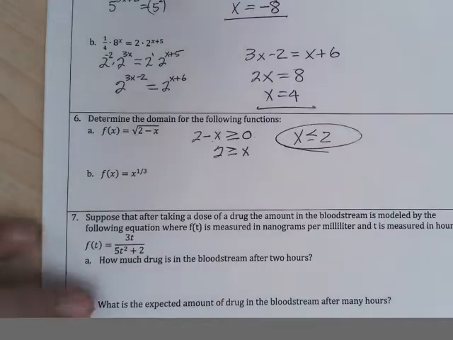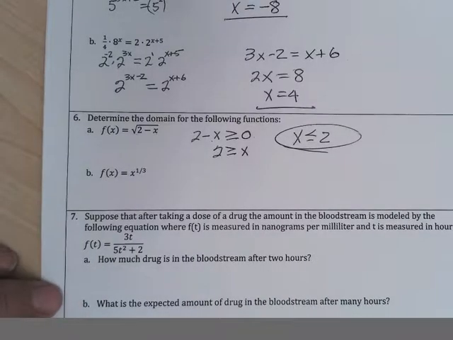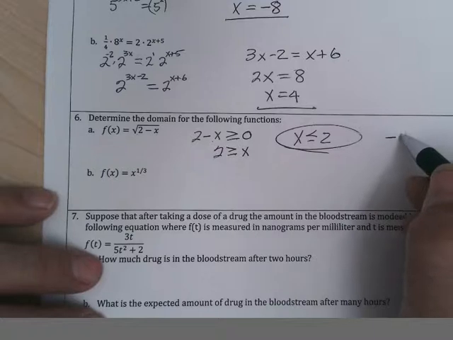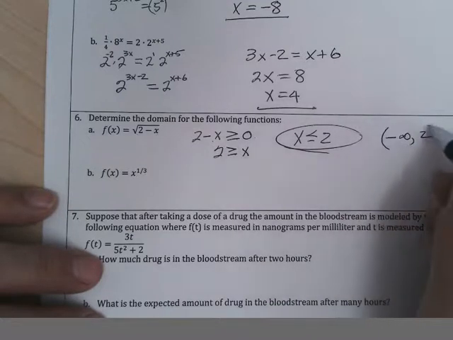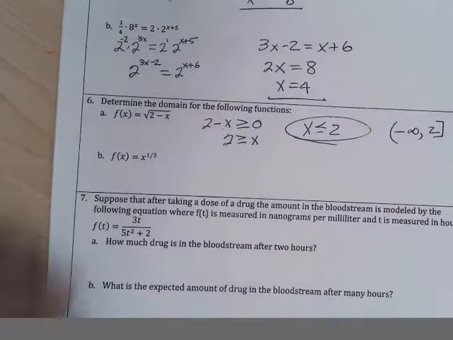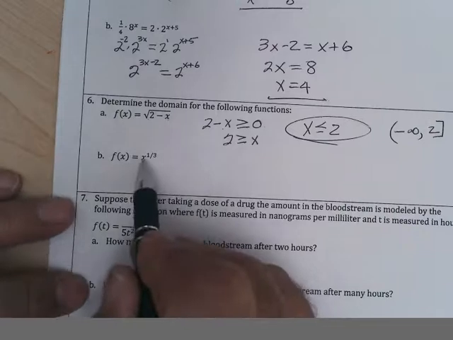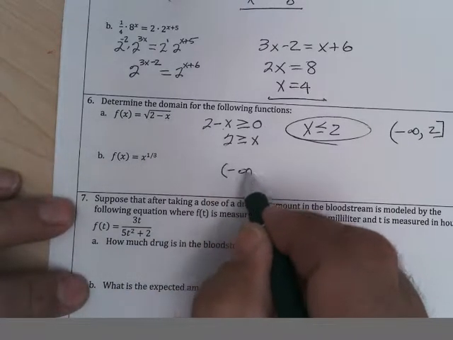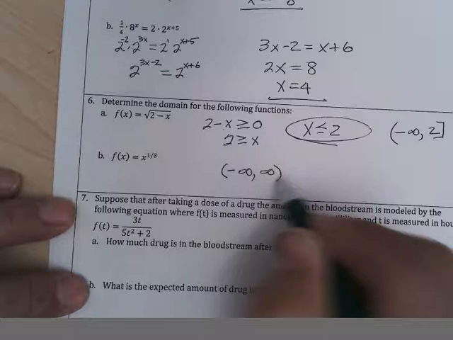That's the domain. Let's see, x less than or equal to 2, that would be from negative infinity to 2 if I ask you to write it in interval notation. In the cube root, we can take it of anything, so the domain is from negative infinity to infinity.